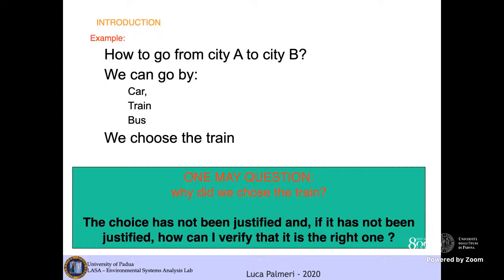Let me give you a practical example. I have to go from city A to city B. We may have three alternatives. We may go by car, we may go by train or by bus, but we choose to go by train.